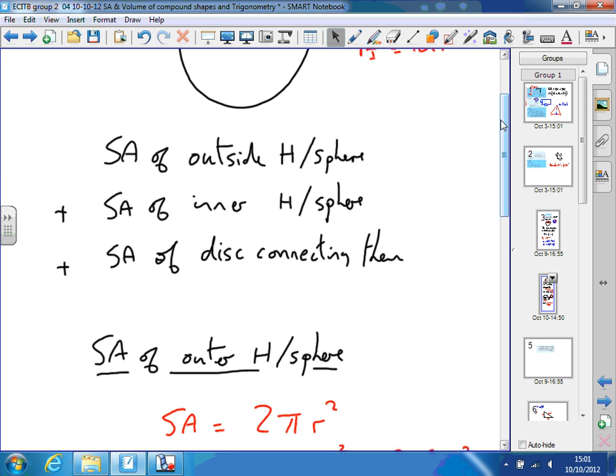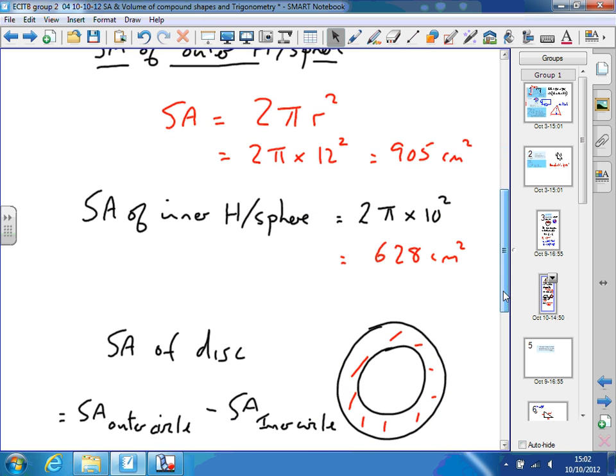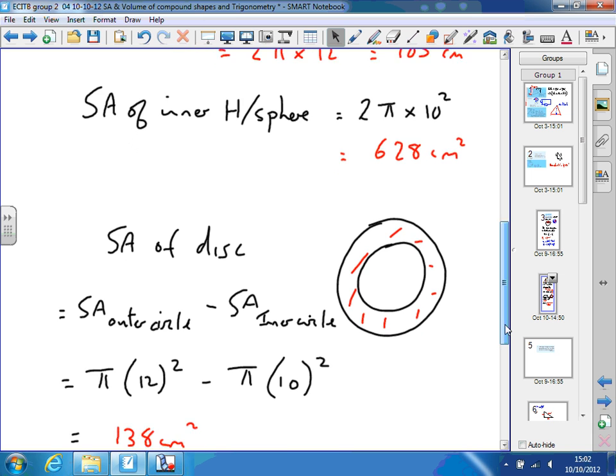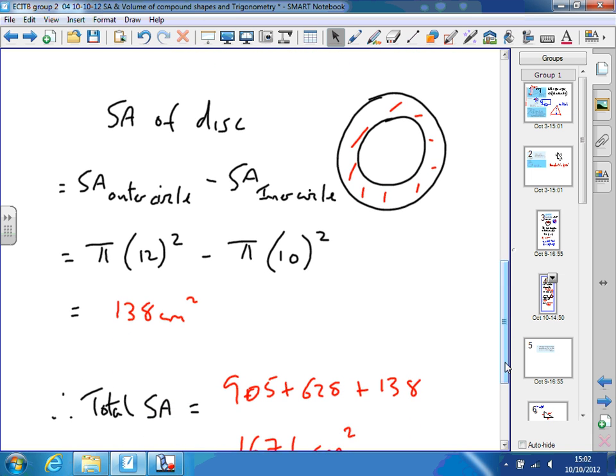And then he gave over the work to his technicians to actually do the boring calculation bit, which is to find the surface area of the outer hemisphere, the surface area of the inner hemisphere, the surface area of the disk. Note how it's been set out, please, so that it makes sense. And then the answer at the end. And that's the sort of thing I'm going to be asking in. I'm not expecting you to copy this method, but something similar. Of course you can. If you want to do it that way, that's absolutely perfect, okay? I mean, that's why I've done it, because that's probably the way I would do it.